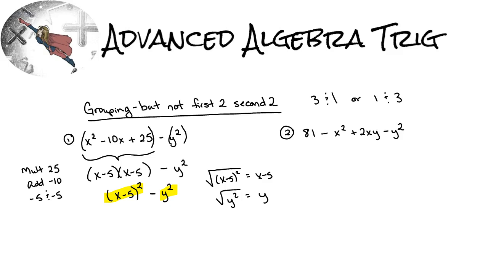So these are perfect squares. What we can do in that situation is put the square roots in here. So the square root of the first is x minus 5 minus the square root of the other, which was y. And then again, the square root of the first, x minus 5, plus the square root of the second.